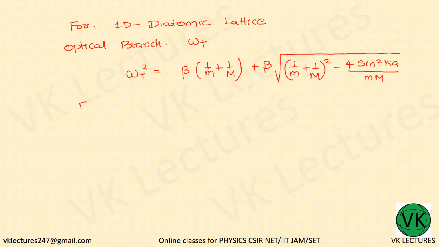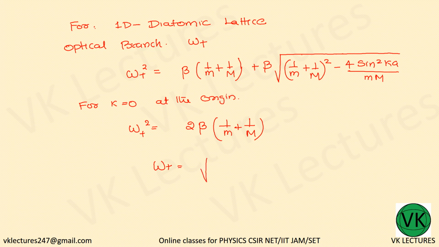Now for k equal to 0, that is at the origin, we have omega plus squared equal to 2 times beta into (1 by m plus 1 by capital M). So omega plus will be equal to root of 2 beta times (1 by small m plus 1 by capital M).